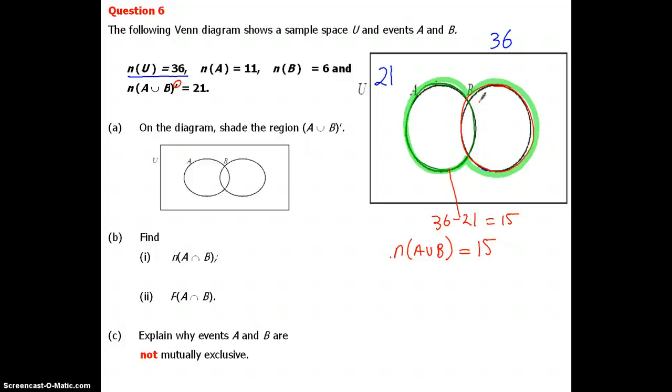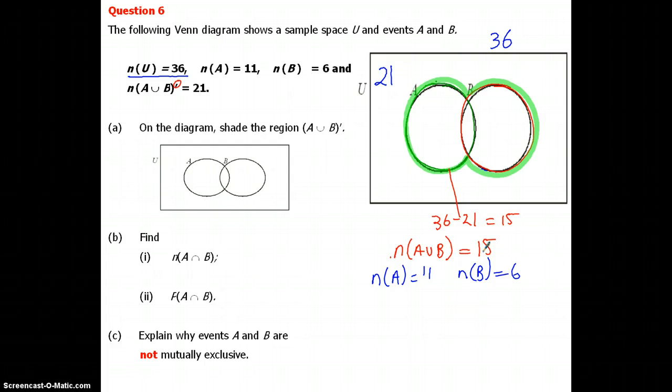Alright, first thing we're going to do, just write down what we've got. n(A) is equal to 11. n(B) is equal to 6. What you'll notice here is that 11 plus 6 does not equal 15.